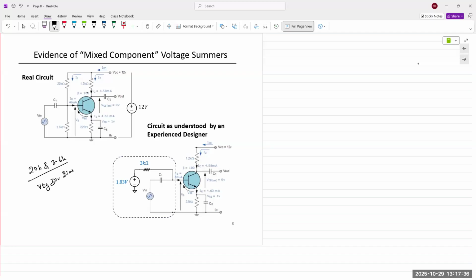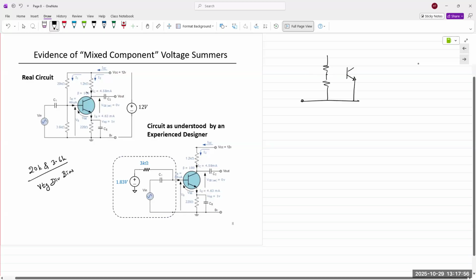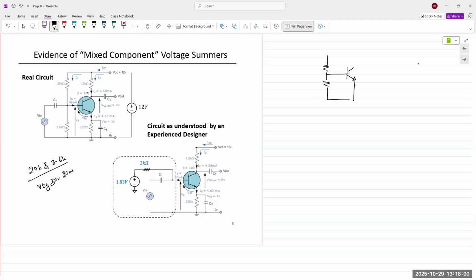Okay, so these two resistors create a voltage divider bias, meaning if I was to take the Thevenin equivalent of the circuit, we only need this. Okay, so I have this transistor, I have these terminals.